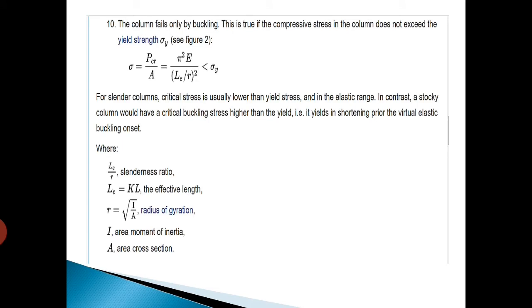See the conditions. The column fails only by buckling. This is true if the compressive stress in the column does not exceed the yield strength sigma y. So sigma is equal to PCR divided by A, where PCR means critical buckling load, is equal to pi square E divided by L effective divided by r whole square, less than sigma y.